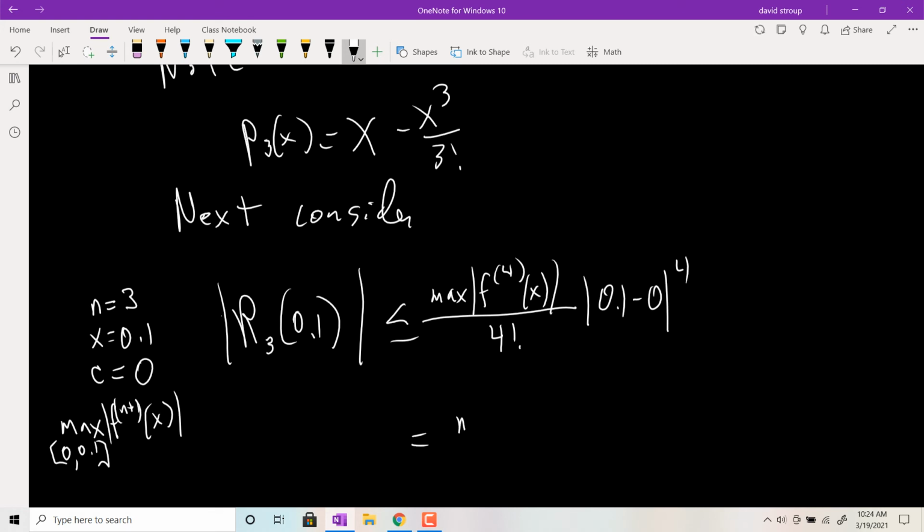That equals the max of the absolute value of the 4th derivative of x, all over 4 factorial, times the absolute value of 0.1, which is just 0.1 to the 4th.